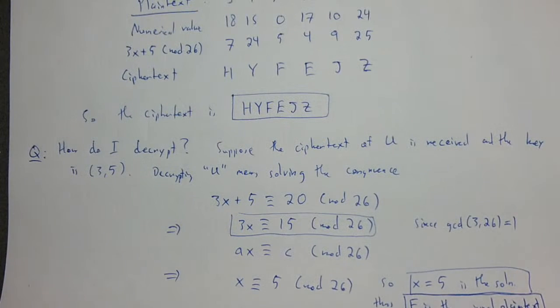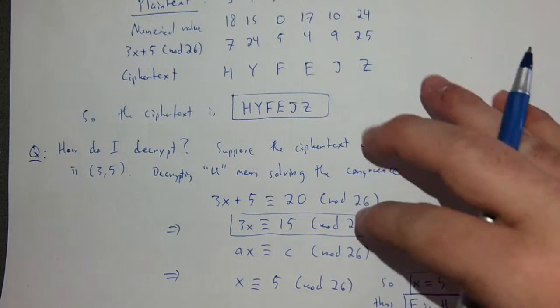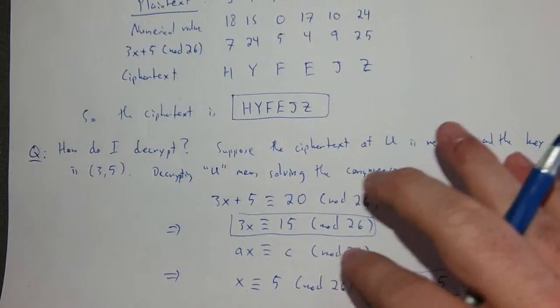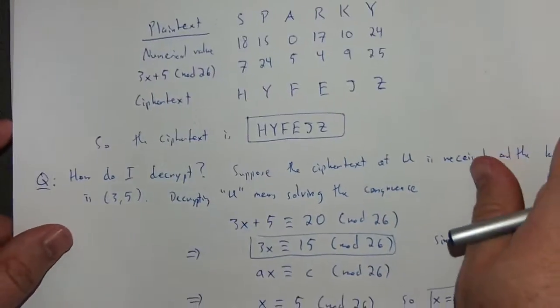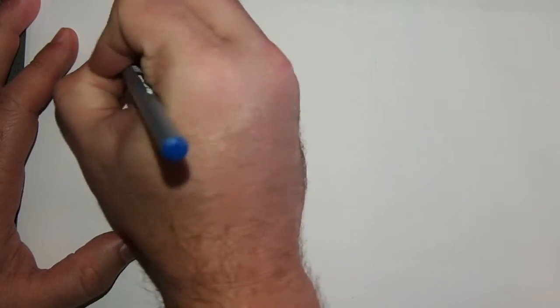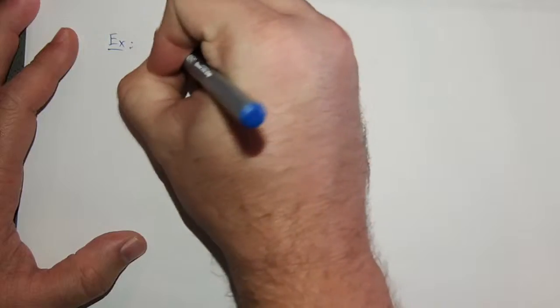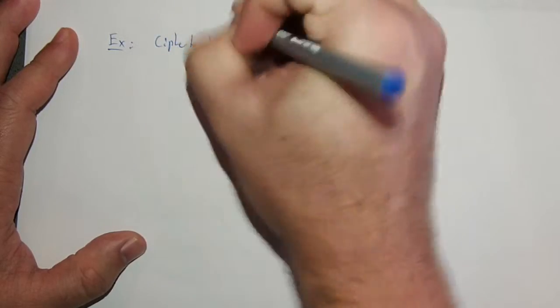All right, so let's go back to our example. I have ciphertext HYFEJZ.